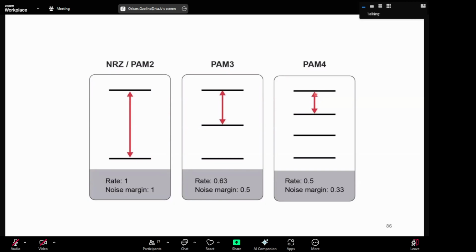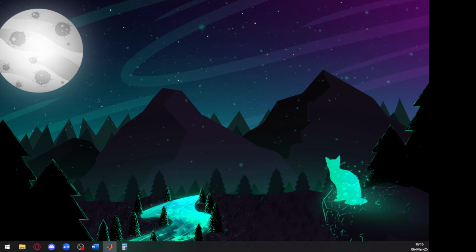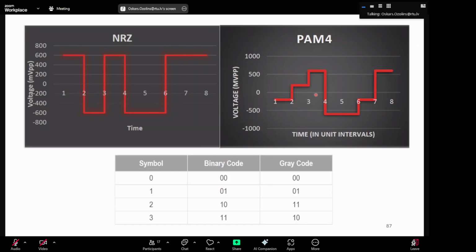Right. Then I wanted to also talk a little bit about different ways you can assign symbols, so how you can assign bits to the symbols. Here I have an example comparing non-return to zero to PAM4.